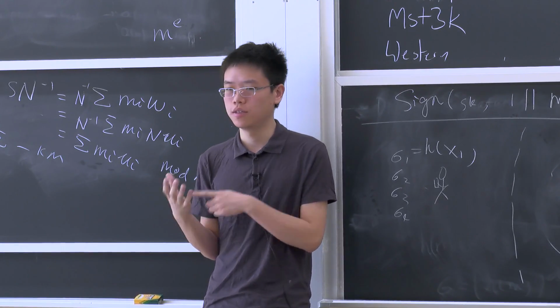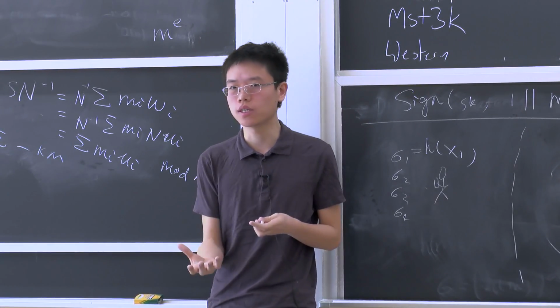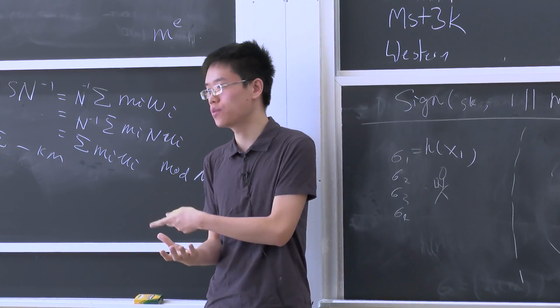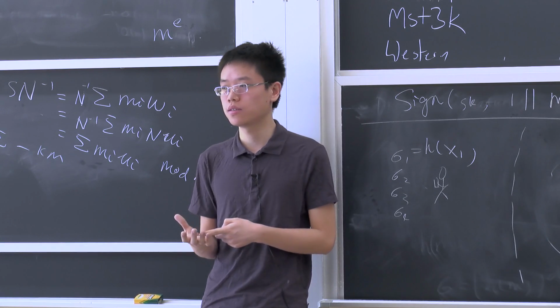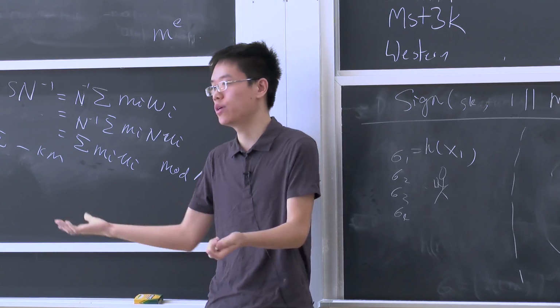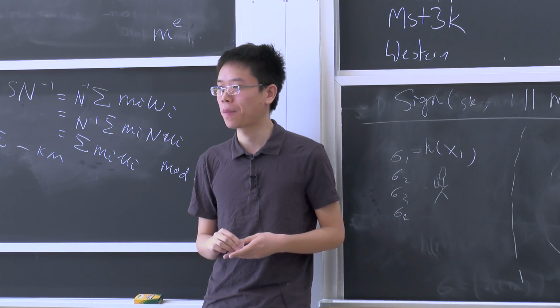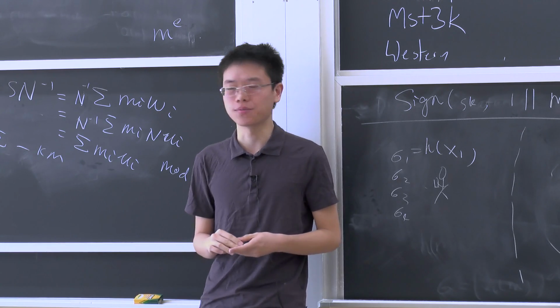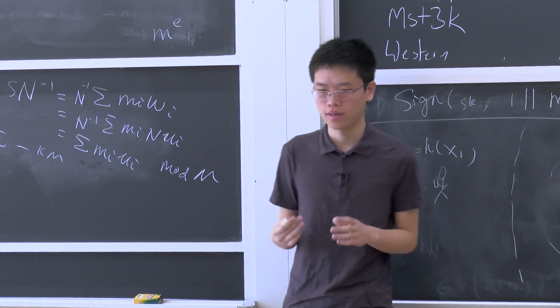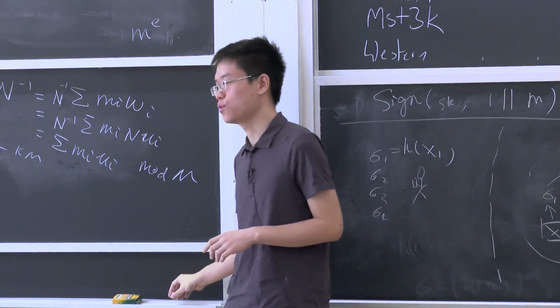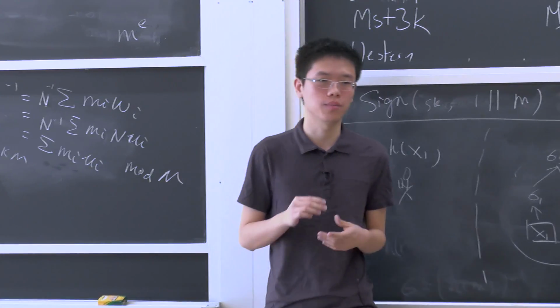Either you pick a secret key that doesn't correspond to a hard problem, or you pick a secret key that corresponds to a hard problem, but everyone else picks the same secret key, because everyone wants to be secure. That's the reason why it's unlikely to get cryptography from NP-hard problems.